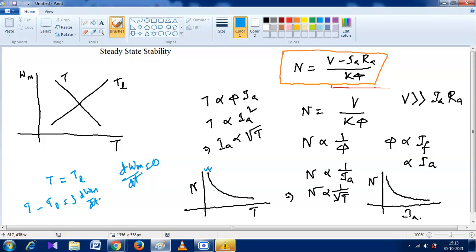That means the motor torque and the load torque are equal at that time. Yes, sir. That means if we do not put load on the motor, then the machine torque is also less.